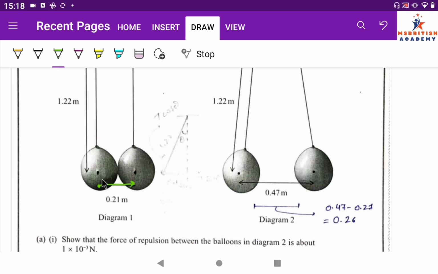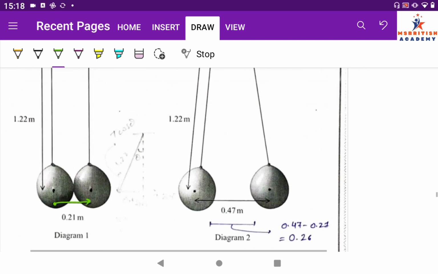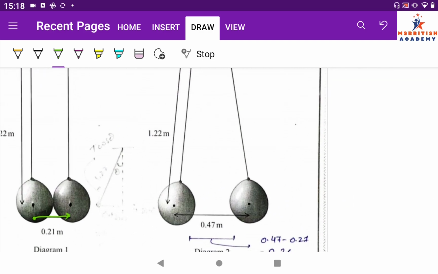After giving the same negative charge on both, as we know, the same charges repel each other and opposite charges attract each other. In the diagram, the distance between these two centers was already 0.21 meters, and because of repulsion the separation increases and becomes 0.47.